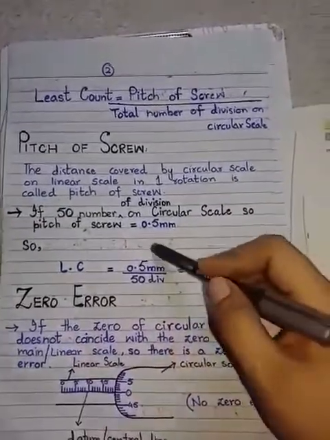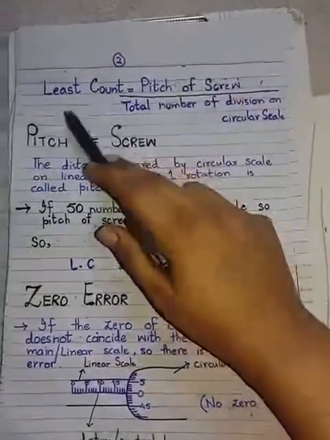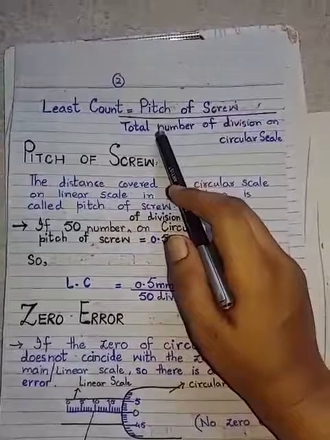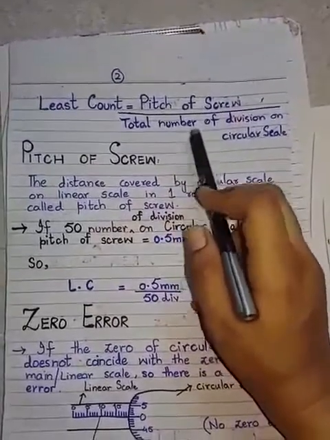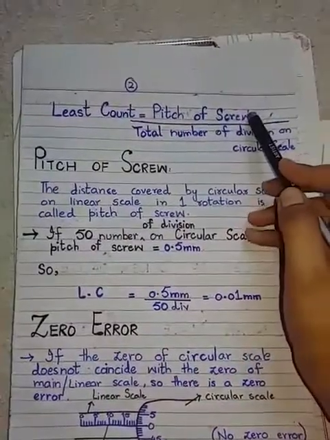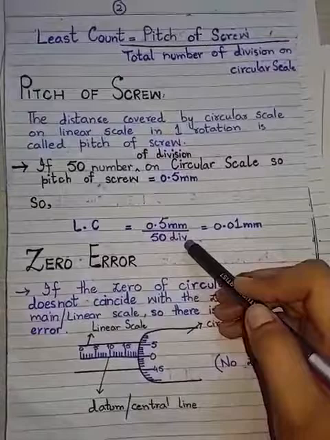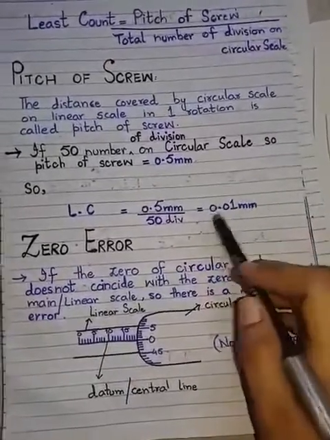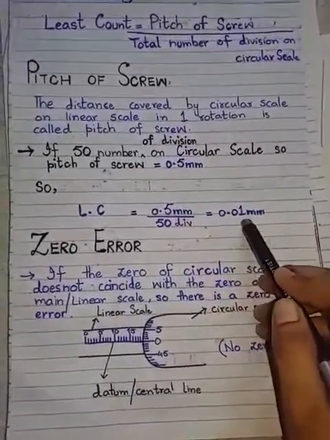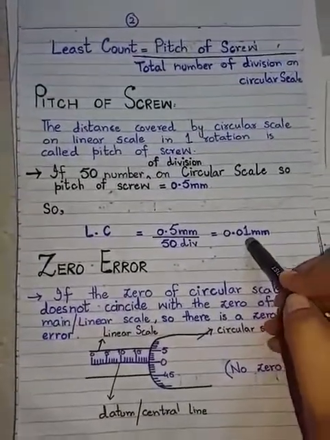So putting this value in the above formula, the least count is equal to 0.5 millimeter divided by 50, which is equal to 0.01 millimeter. That is the least count of the screw gauge.